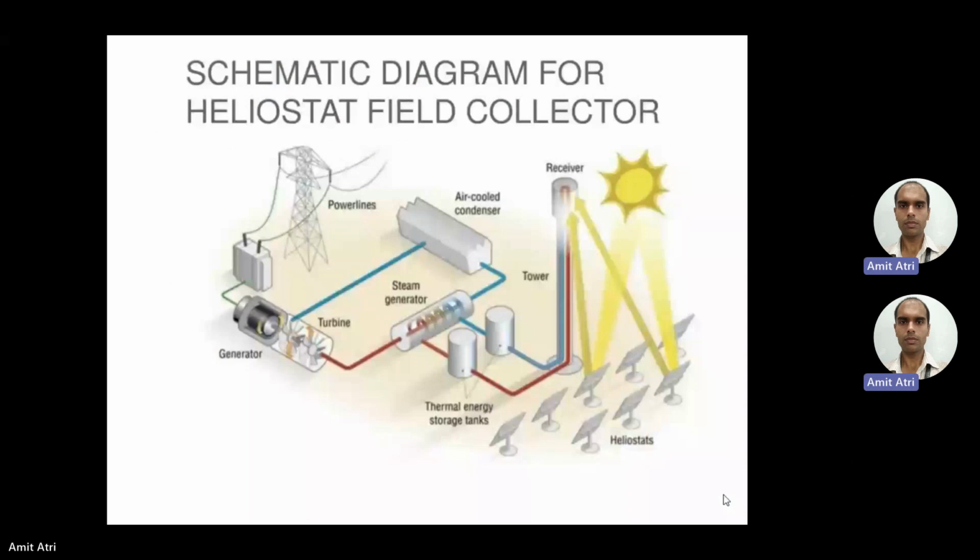Okay, here in the diagram, the sunlight is falling on the heliostats, the small sized many. 1, 2, 3, 4, 5, and 6, 7, 8. Eight heliostats are shown in this diagram, and they are inclined such that the sunlight falling on them, they are concentrating at the receiver. They're on the higher level on the top. From there, the receiver, there the heat is being generated.